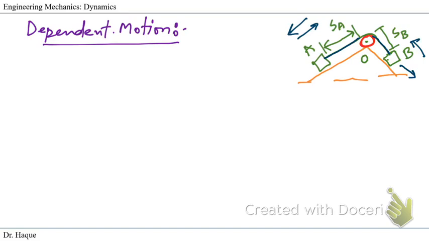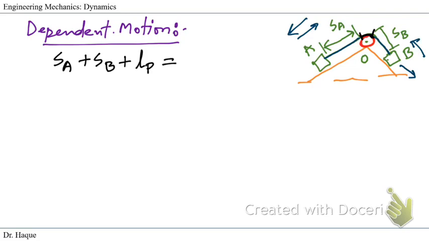If we take SA plus SB, we can have another term, length P. What I mean by length P is the curved length on the pulley, the length of the cord on the pulley.